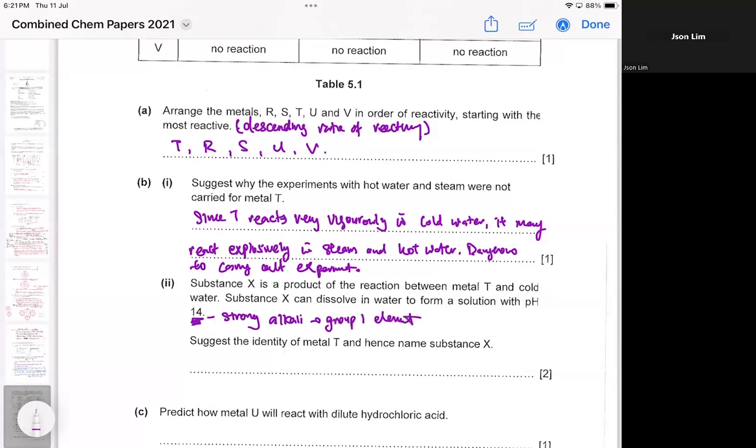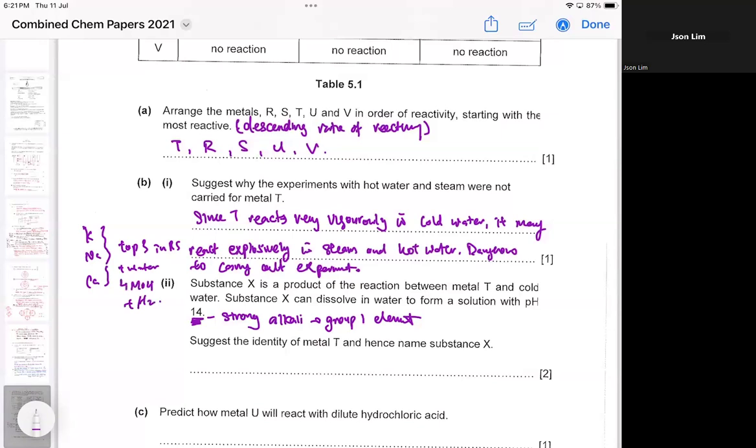And we also know that group 1 do react with water. You remember the reactivity series: potassium, sodium, then we have calcium. These are the top 3 in the reactivity series that will react with water, and they form metal hydroxide and hydrogen gas.